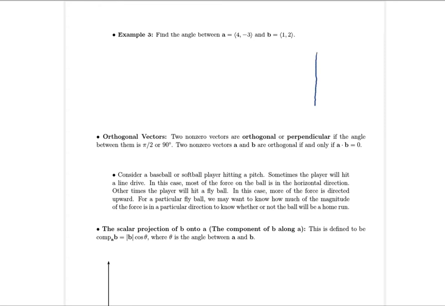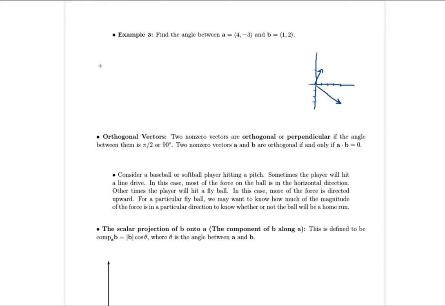So I'm going to start with 4, -3. And then 1, 2. You can see what we're kind of expecting to get is an angle that's maybe near 90 degrees. Kind of looks close to a 90-degree angle.